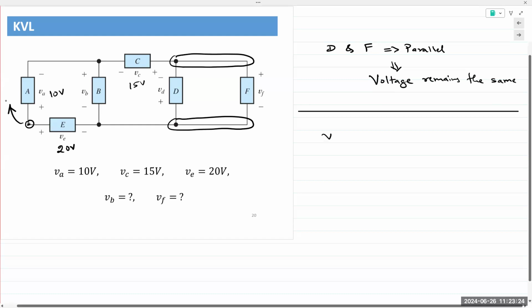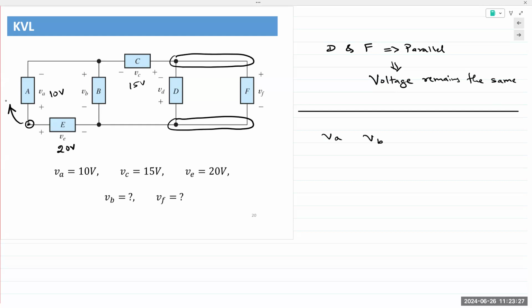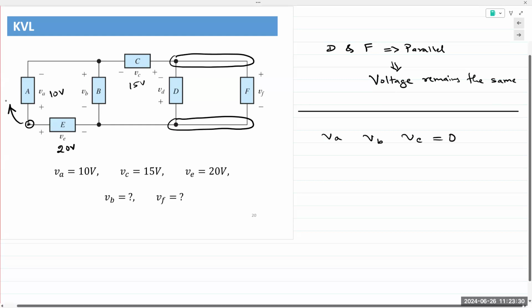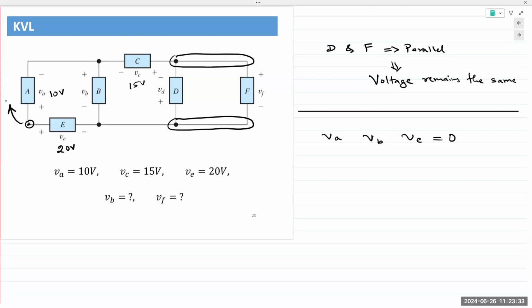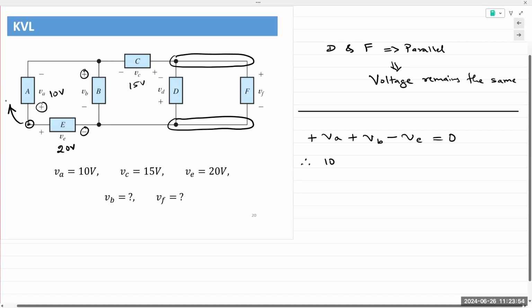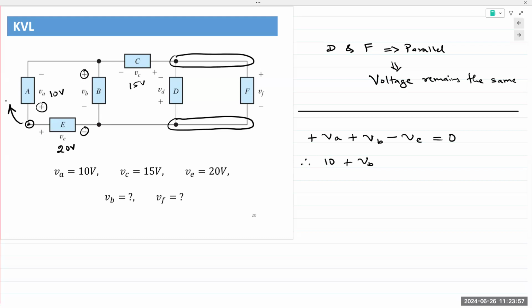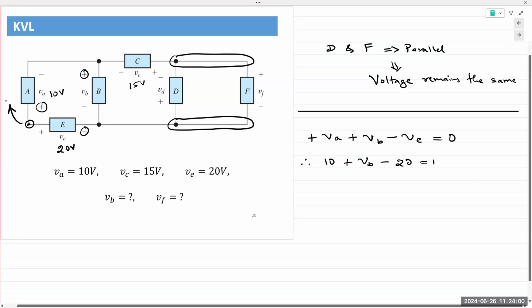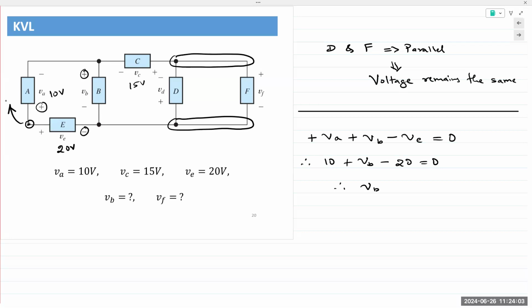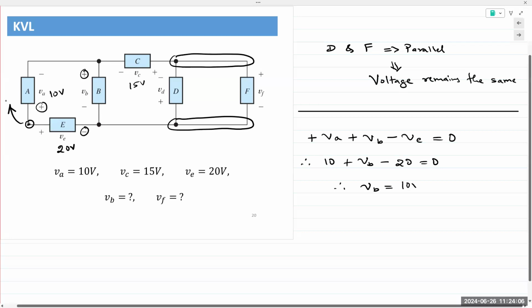I have three voltages, VA, VB, and VE, summing up to 0. VA would be plus, VB would be plus, VE would be minus, summing it up in a clockwise direction. I'll simply plug in the values. VA is 10 plus VB and minus 20 is equal to 0. So VB is equal to plus 10 volts.